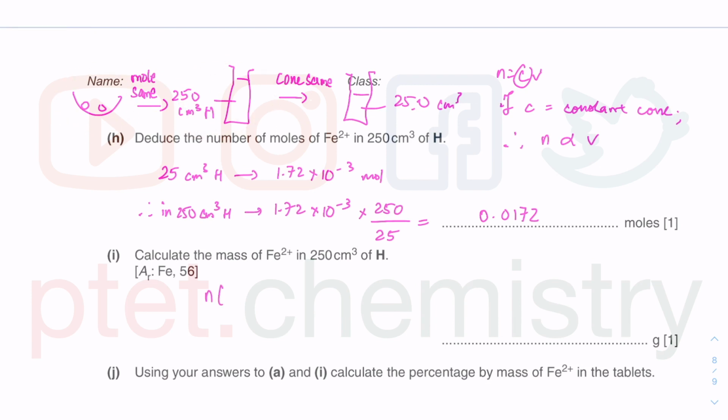So the mole of the Fe²⁺ in the solid is equal to the mole of the Fe²⁺ in 250 cm³ of H. Now they want the mass of Fe²⁺, so I need the Mr. The Mr of Fe²⁺ is going to be the same as the Ar for the iron atom, because the atom has lost 2 electrons to give Fe²⁺.